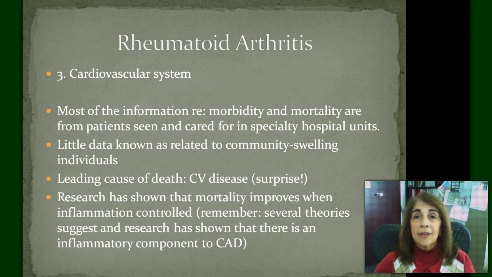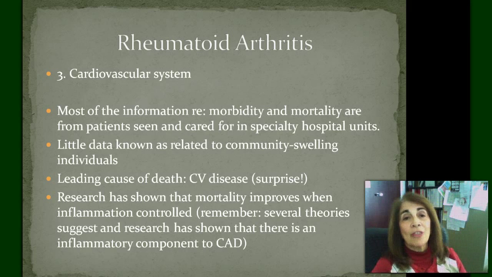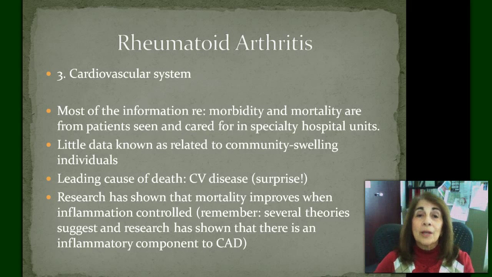They're not as easily studied as those in the specialty units. But what they know is the leading cause of death in patients with rheumatoid arthritis is cardiovascular disease. And I'm sure this is not surprising to you at all, seeing as how cardiovascular disease is a leading cause of death in most of the world, and specifically in the United States.